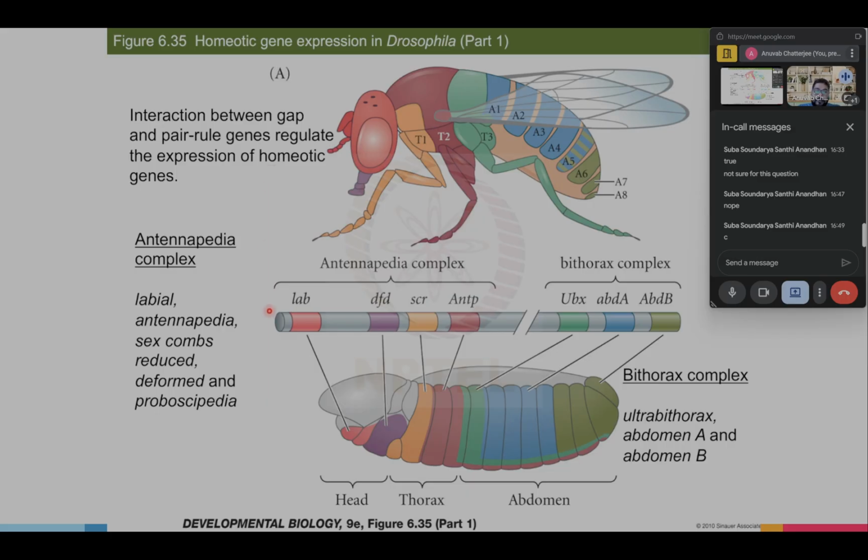And interestingly, they are present on the chromosome in the same arrangement from anterior to posterior.